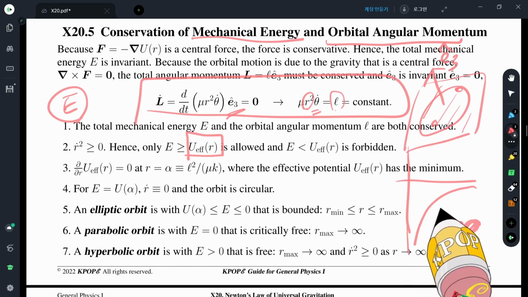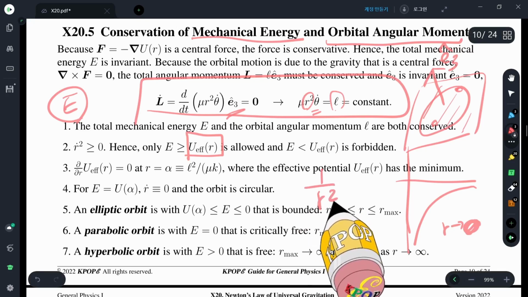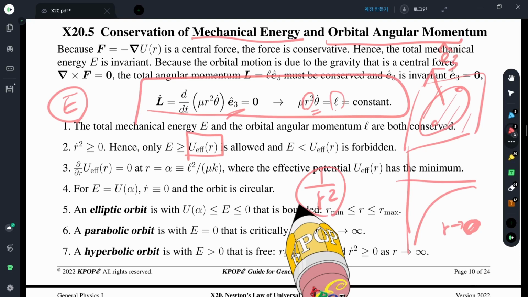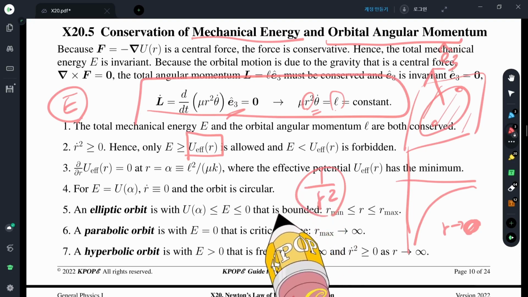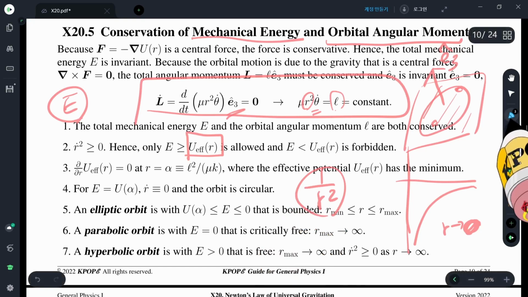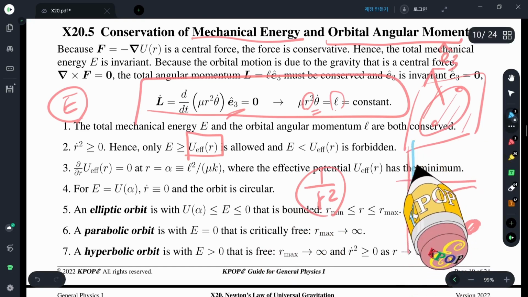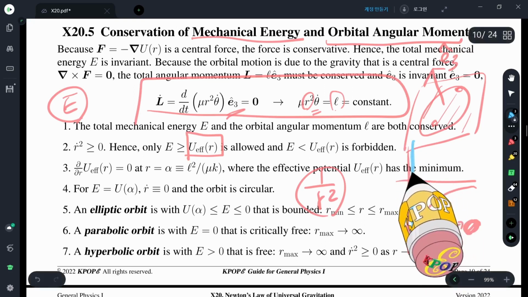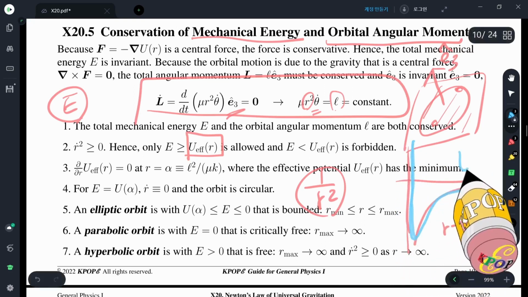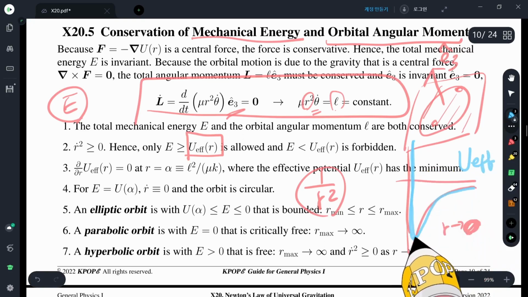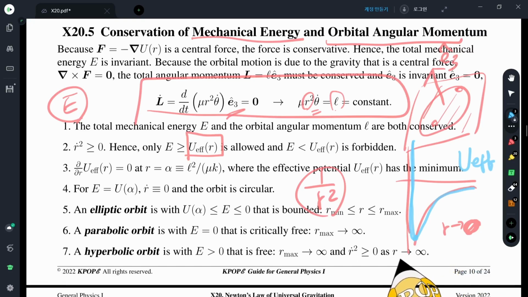However, because of the 1 over r squared term in the tangential component of the kinetic energy, which is positive definite, it wins the game as r goes to 0. So this modified form, U effective, has a local minimum, and actually there's a global minimum.